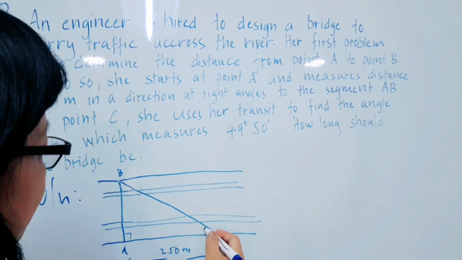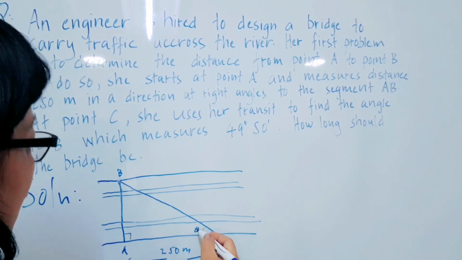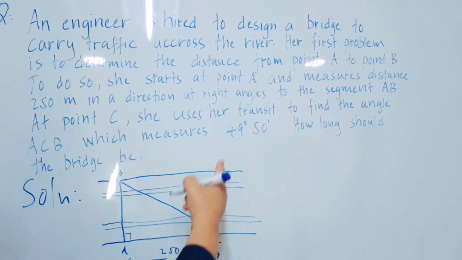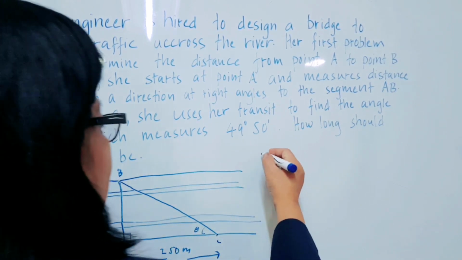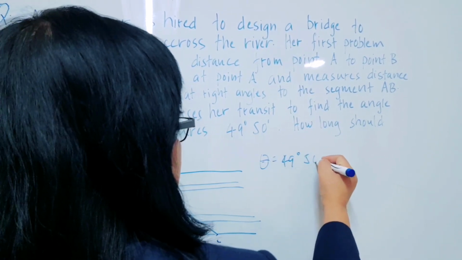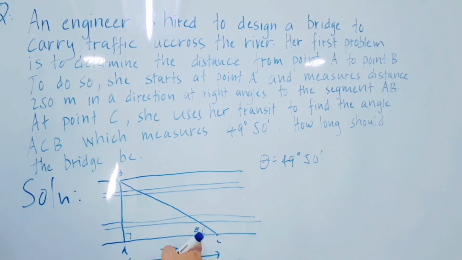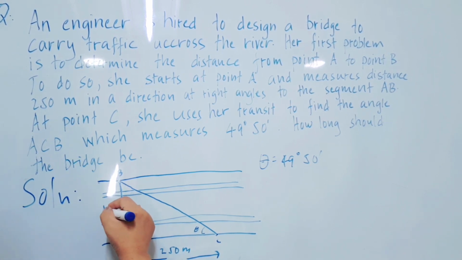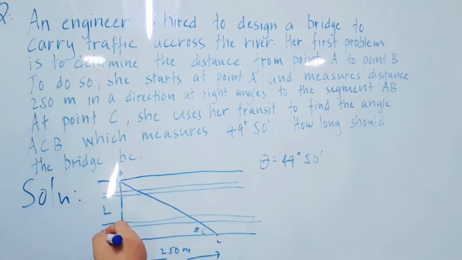That means this angle, which measures 49 degrees 50 minutes, the theta, the angle. So how long should the bridge be? We are looking for this length from A to B. This is the one we're looking for, the length of the bridge.